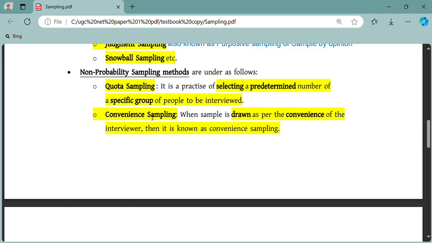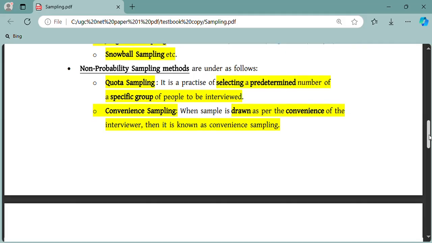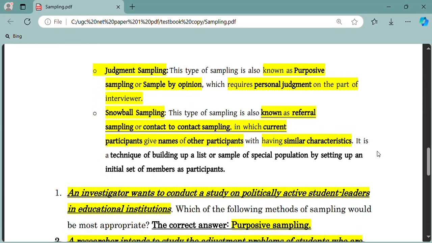When a sample is drawn as per the convenience of the interviewer, then it is called convenience sampling. Next, judgmental sampling, also known as purposive sampling or sample by opinion, which requires personal judgment on the part of the interviewer. Next, snowball sampling.